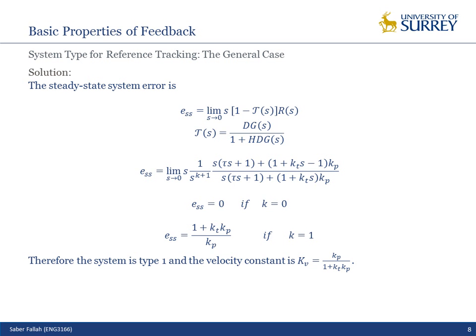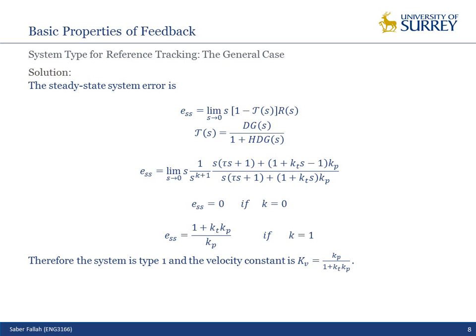If I factor out s here, I have s(tau s plus 1 plus Kt Kp), and from the denominator I will have tau s squared plus s plus Kp plus Kt Kp s, with 1 over s squared.